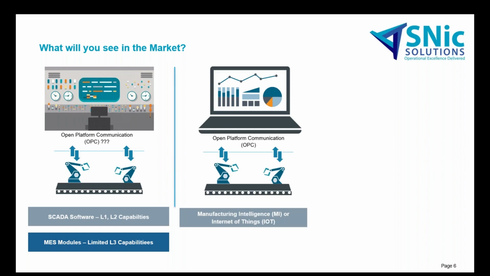The second is manufacturing intelligence or Internet of Things. There has been a very big buzzword, not only in the manufacturing industry, but whether you talk about smart cities or talk about windmills or power generation or mining companies, where instead of MES or MOM, the word that is very popular is industrial Internet of Things, known as IIoT or just as IoT.